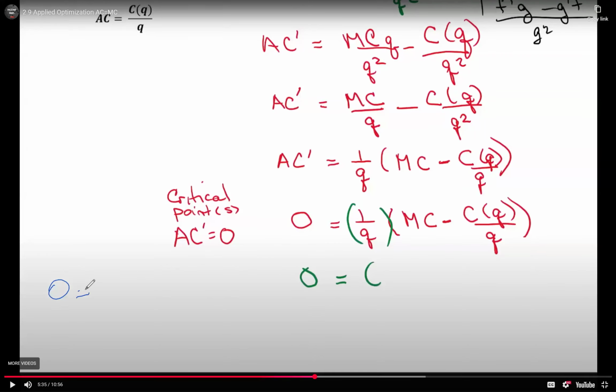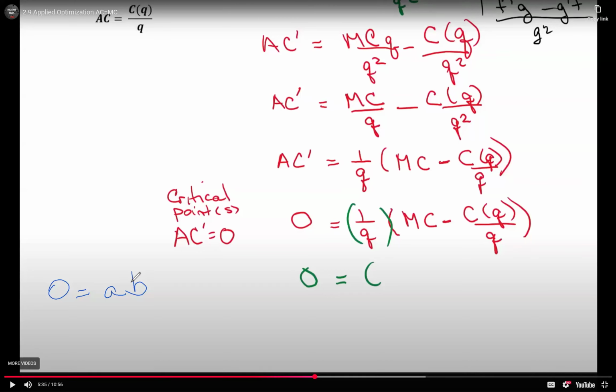If you have 0 equals A times B, what do I know about A or B? What's 0 times anything? 0.